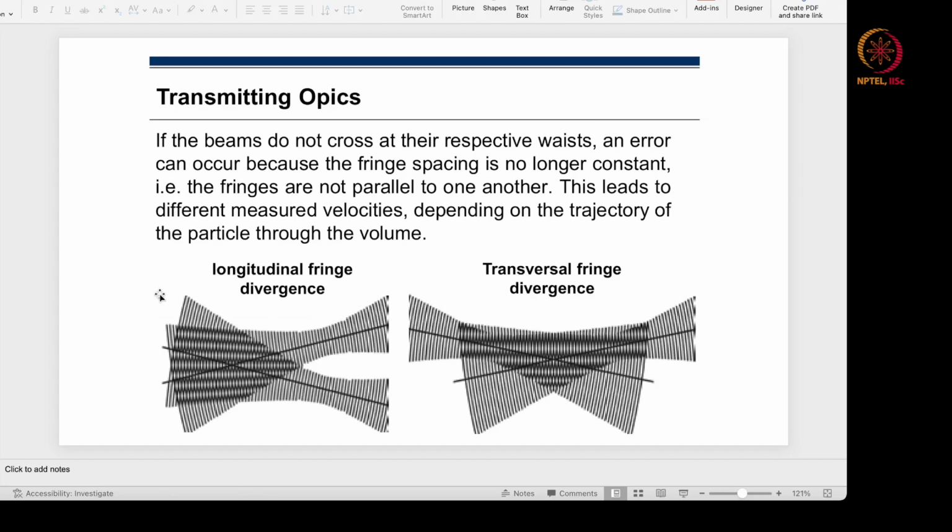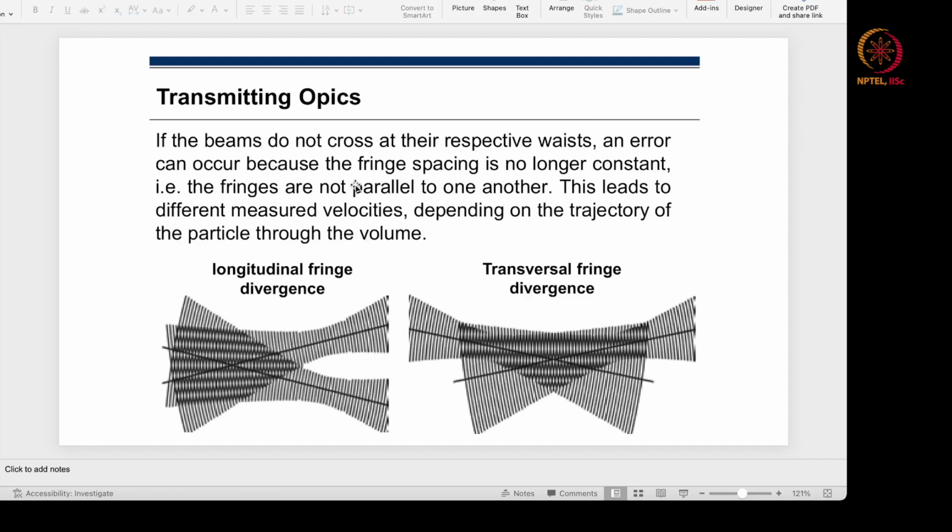So if the beams do not cross at their respective waists, an error can occur because the fringe spacing is no longer constant and the fringes are not parallel to each other. This leads to different measured velocity depending on the trajectory of the particles through the volume. This is called longitudinal fringe divergence, and this is the transverse beam fringe divergence.